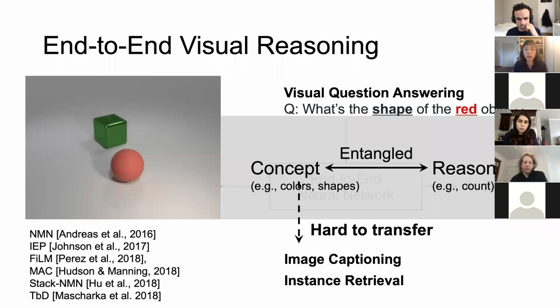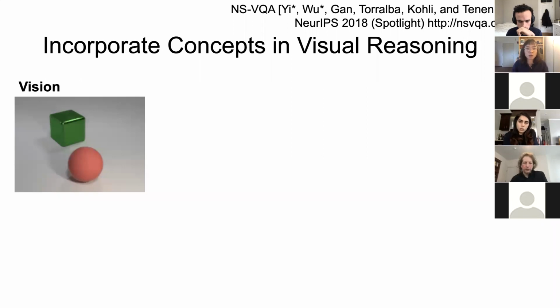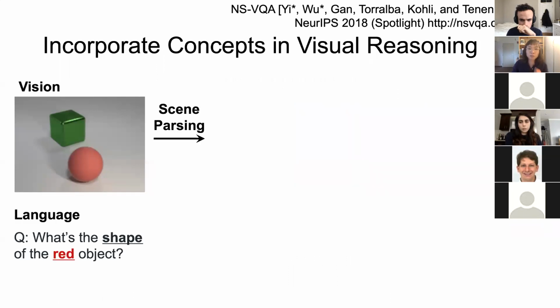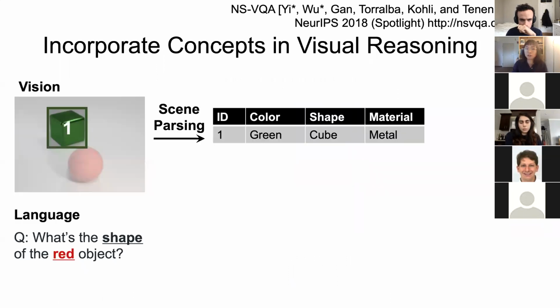such as writing image captions or performing instance retrieval. I want to mention there have been recent successes in explicitly incorporating concepts in visual reasoning. The NS-VQA framework proposed by Yi and his colleagues is a representative work. The idea is to use a parsing subroutine to get the abstract representation of the image.